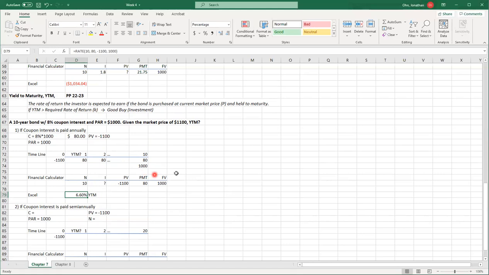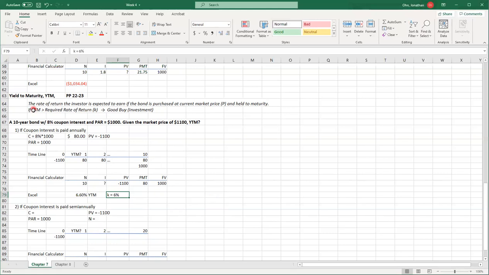For example, it is not given here. Suppose the required rate of return is 6%. Assuming the investors' required rate of return is 6%, then what can you say?